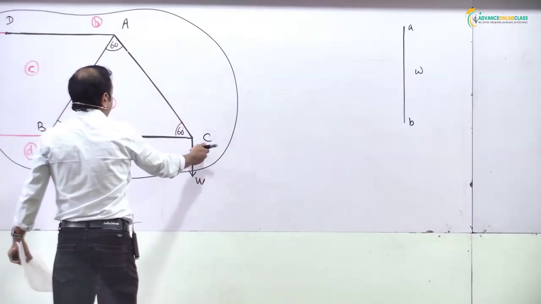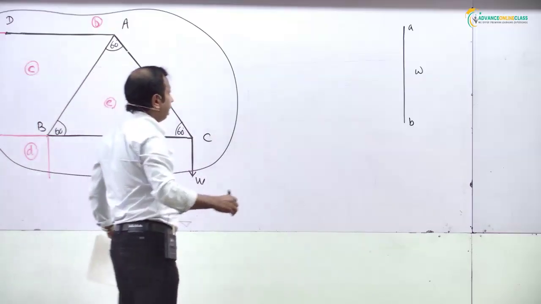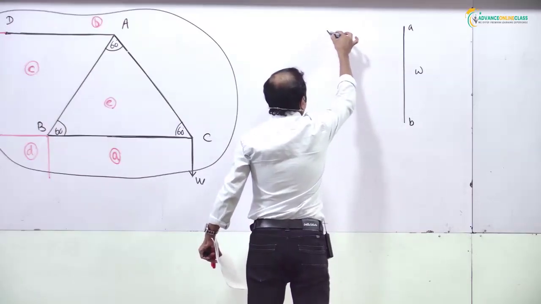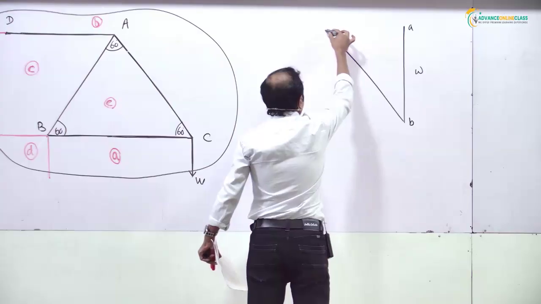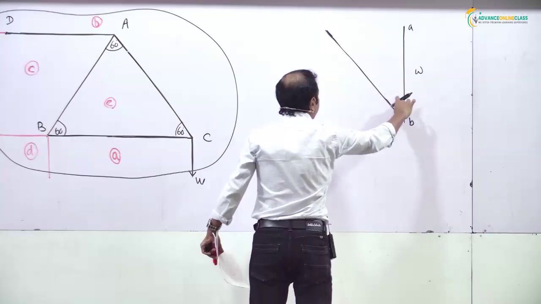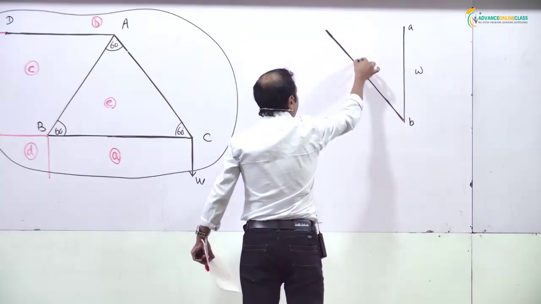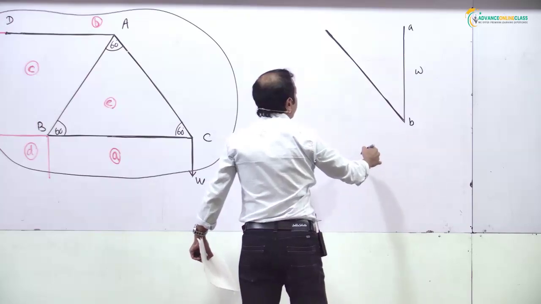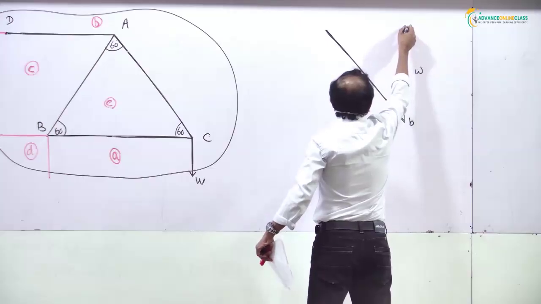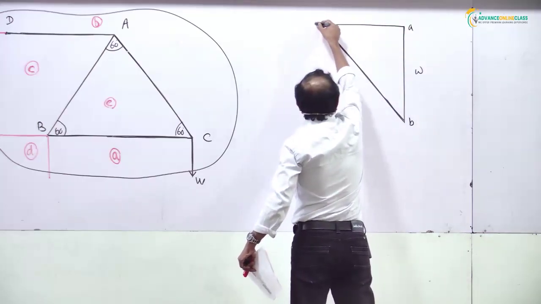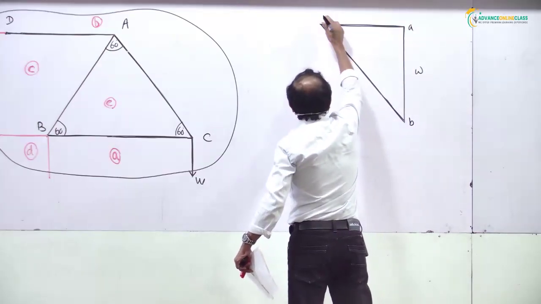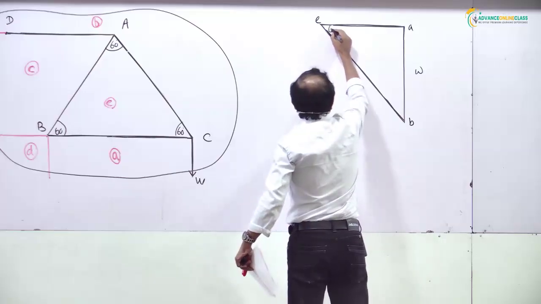Then AB downward W, BE is 60. AE horizontal. This is E. BE is 60.